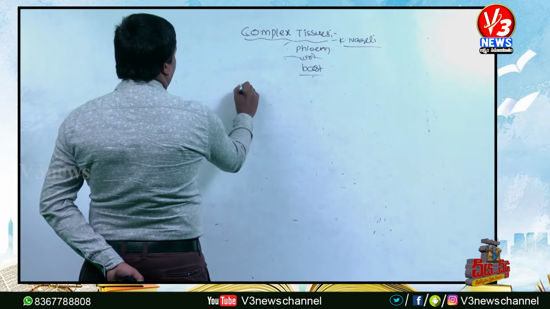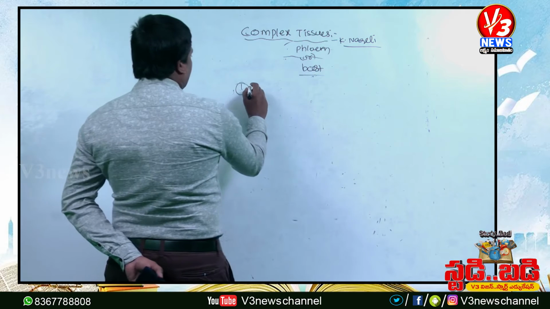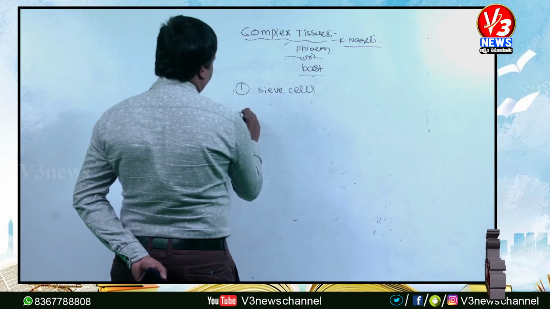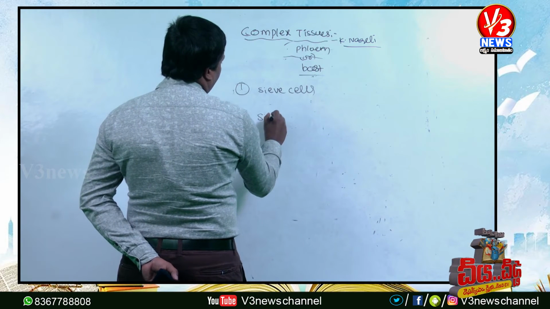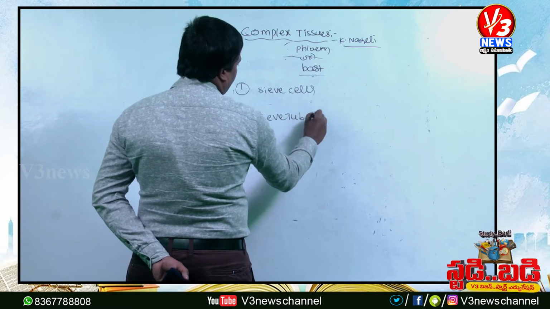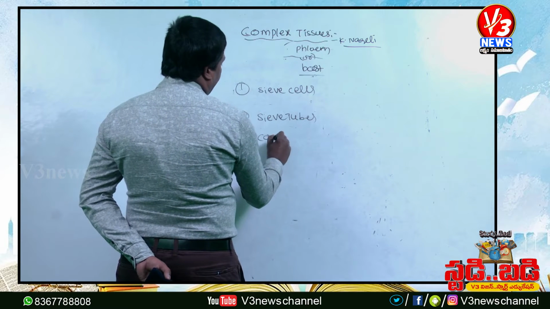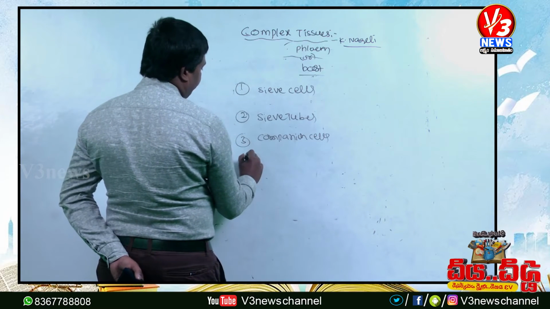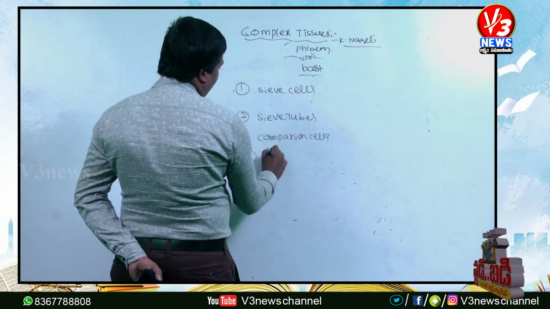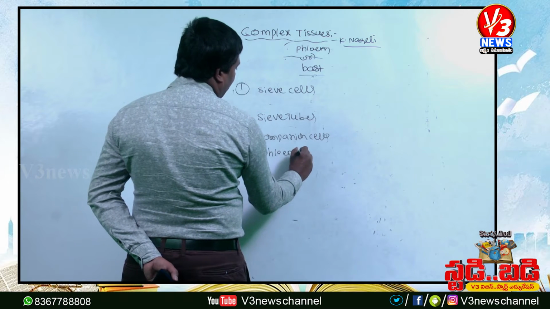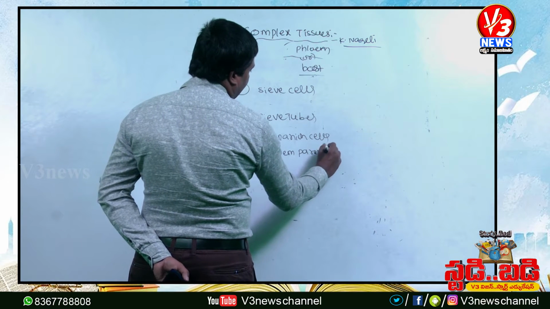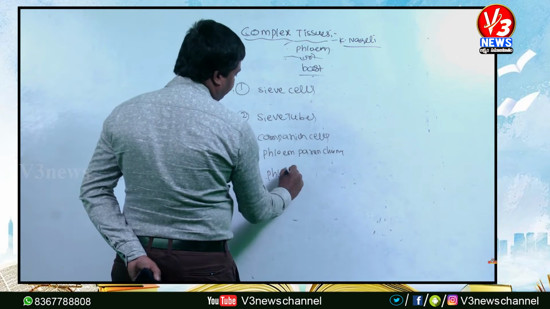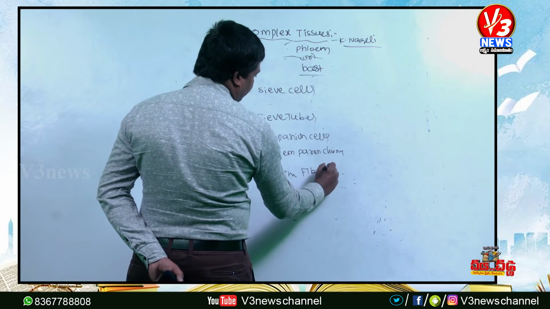Phloem contains kinds of cells: sieve cells, sieve tubes, companion cells, phloem parenchyma, and phloem fibers.